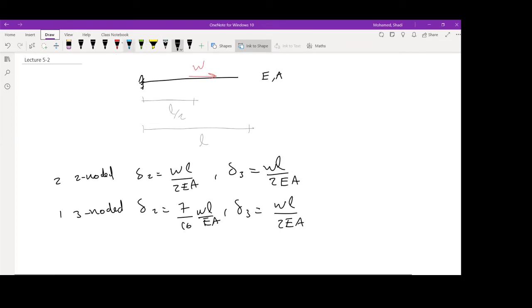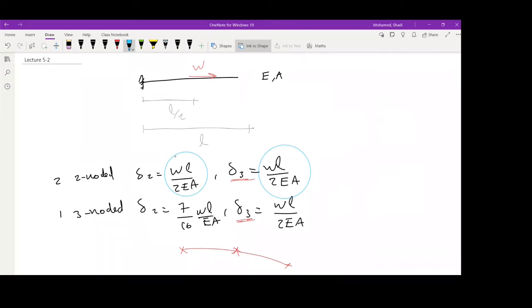See, the first observation: delta 3 is the same in both cases, WL/2EA. This is correct. If you look into the second node, you will see oddly, or probably for a good reason, that this value here is exactly the same as this value here, since both displacements are exactly the same.